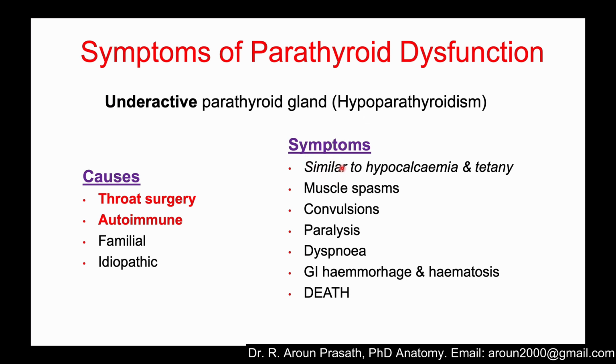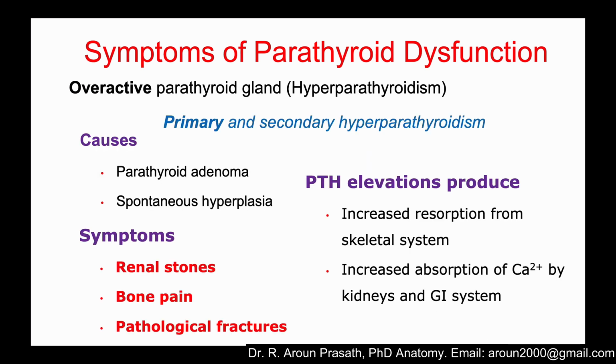There is muscle spasm, convulsions, paralysis, difficulty in breathing, GI hemorrhage, and eventually death can happen. Whereas if there is elevation of parathormone, there is increased resorption of calcium from the skeletal system, and thereby it can lead to renal stone formation, bone pains, and pathological fractures also.